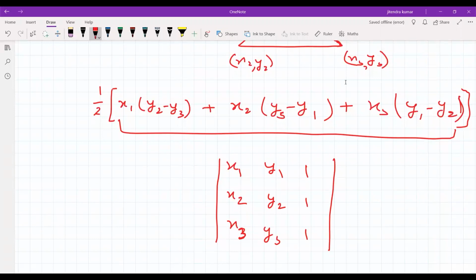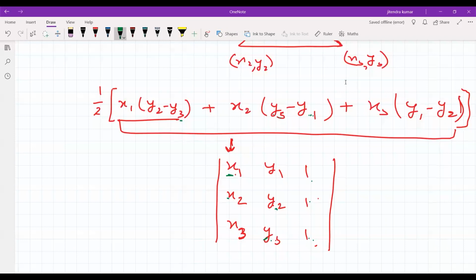Now if we expand it from the first column, see what you will get: x1 into (y2 minus y3), right? Then x2 will be minus in minus, so minus x2 into (y1 minus y3), so here y3 minus y1, right?